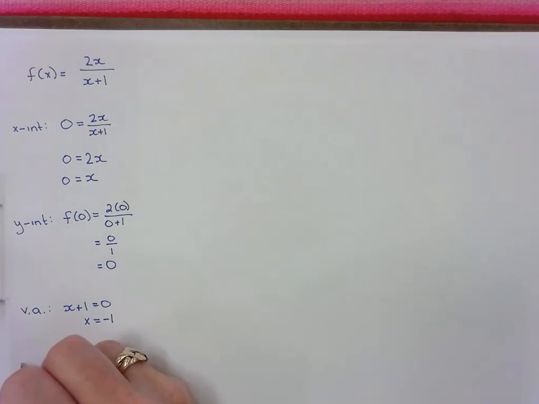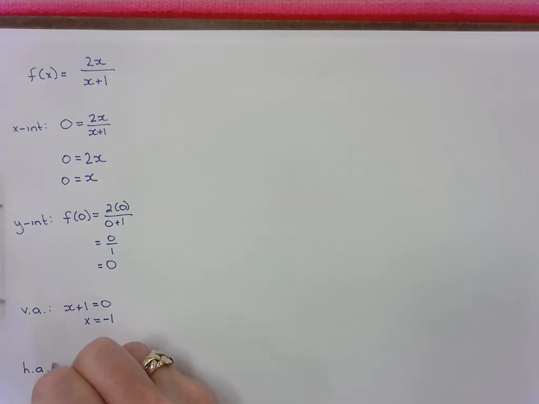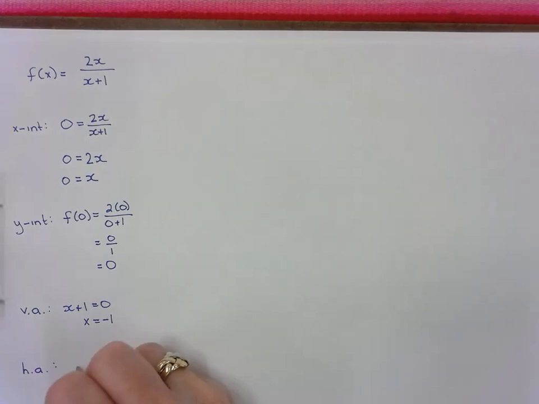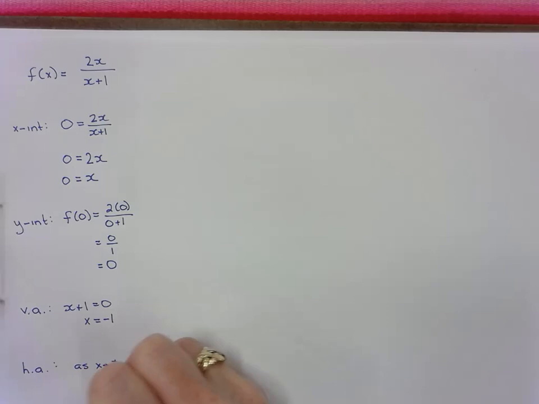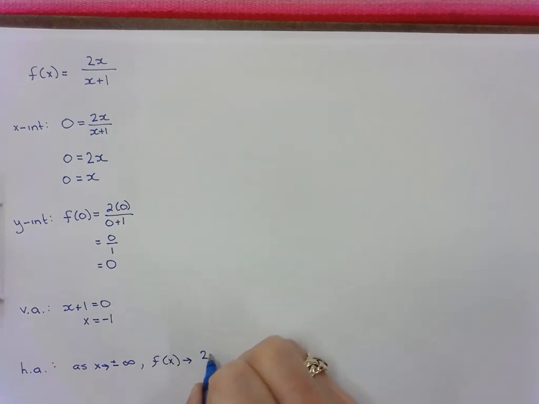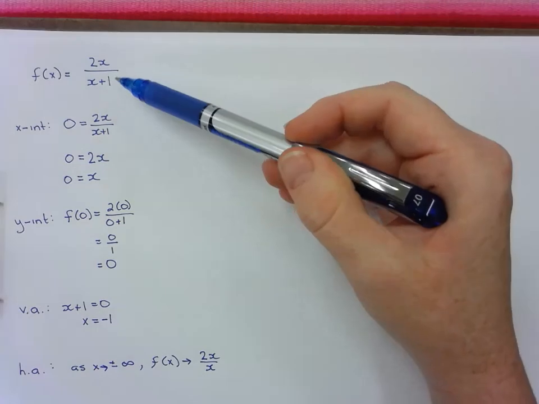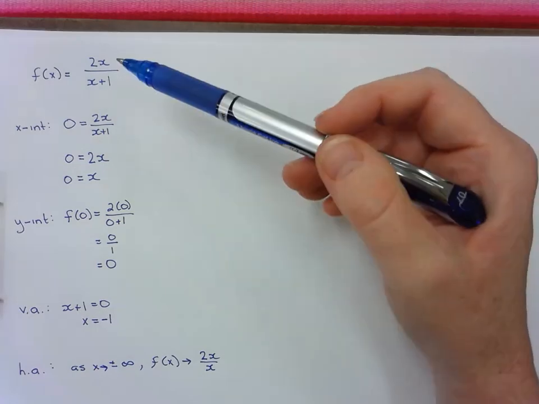Going back to our lesson from before, in order to calculate our horizontal asymptote, we need to look at taking away the inconsequential data when our x gets really large, when it approaches positive or negative infinity. So as x approaches positive or negative infinity, f of x is going to approach 2x over x, because as x gets really large, this plus 1 becomes inconsequential to the denominator.